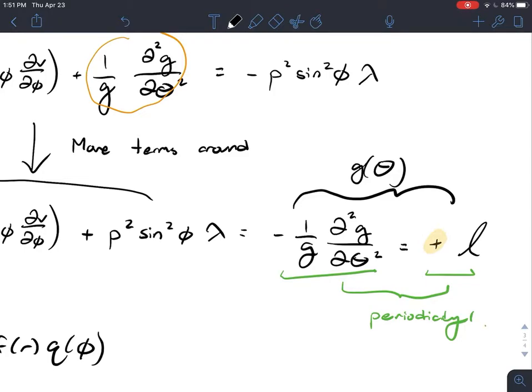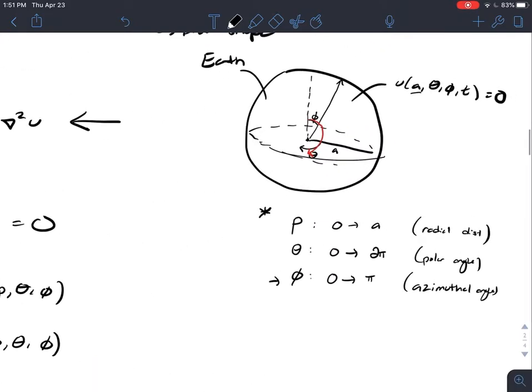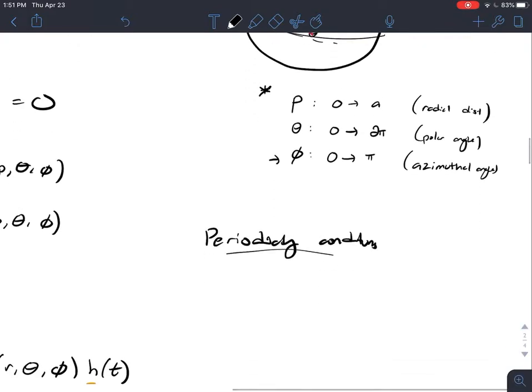The reason we're setting it equal to a positive separation constant is because we have periodicity conditions in theta. Going back up to our sphere, since we have a full sphere that goes from 0 to 2 pi, remember the periodicity conditions. Periodicity conditions apply for a circle for the sake of completion.